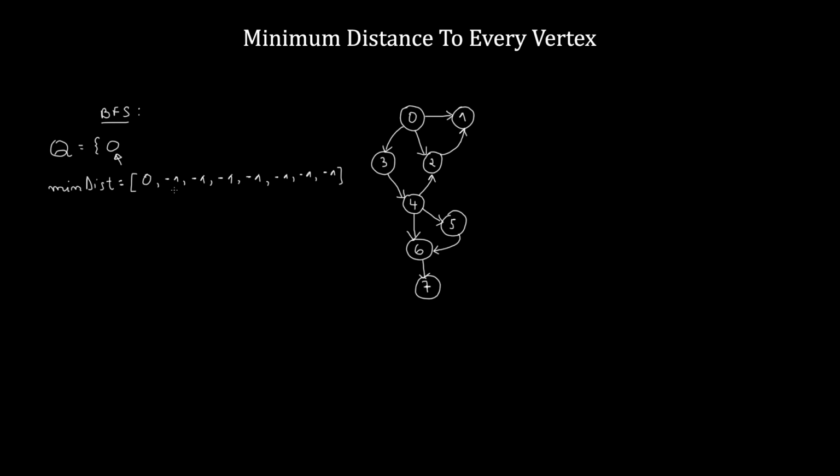Okay, so we just found the shortest path from the source to this vertex, and the distance of this path is equal to the distance of the shortest path between the source node and the node that we are coming from, plus 1, of course, from this edge. So what we are going to do is update the minimum distance with value 1, and then we are going to push this node 1 into the queue.